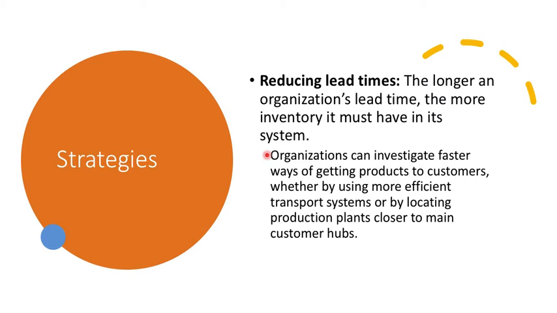You're going to have a lot of raw materials stored, and that is going to build up again and again, and in the future that will become a problem. If you keep on storing something and you're not using it, it will become a problem. So reducing lead time is really important.